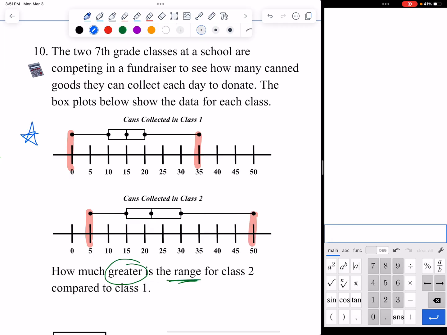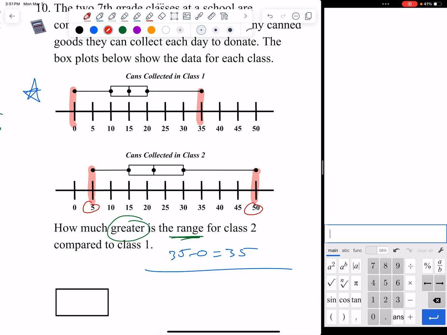So for class 1, it is 35 minus 0, which is 35. For class 2, I got 50 and 5, so 50 minus 5 is 45. So 45 versus 35. So how much greater is the range for class 2? That makes sense. The range should be longer or bigger. So if I subtract those, 45 minus 35, that equals 10.